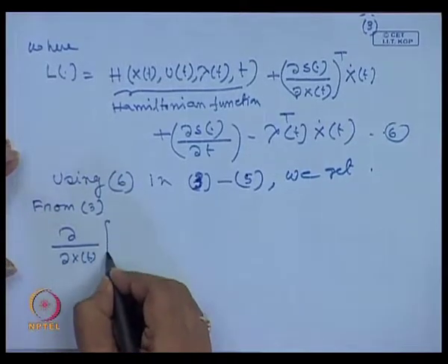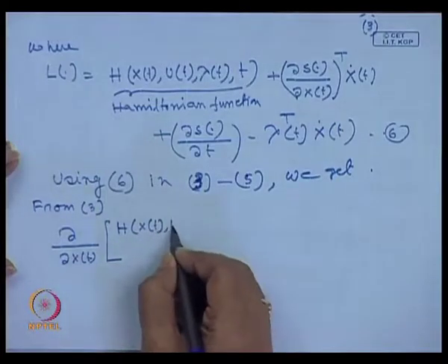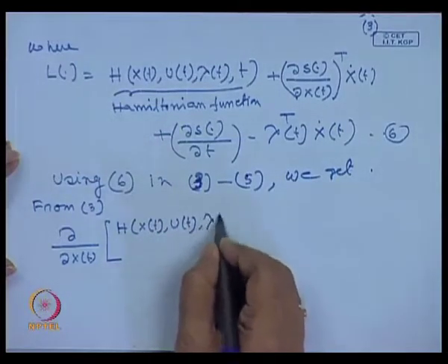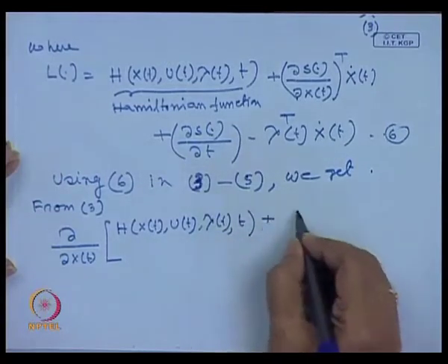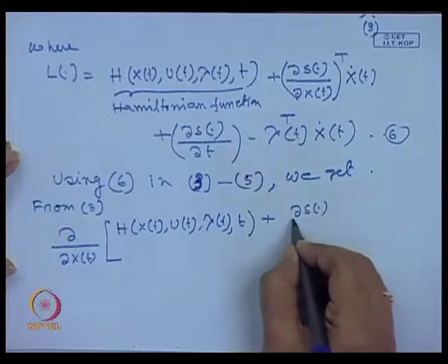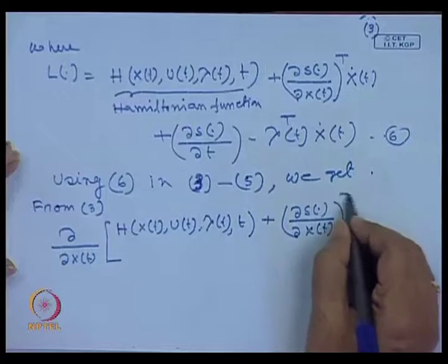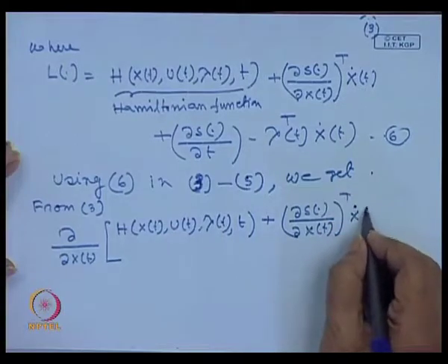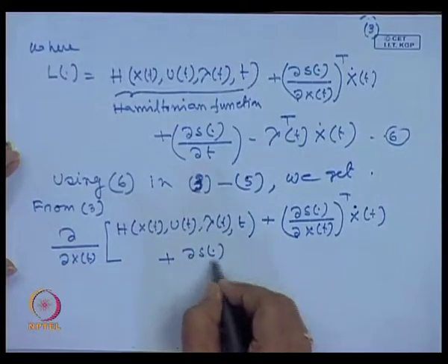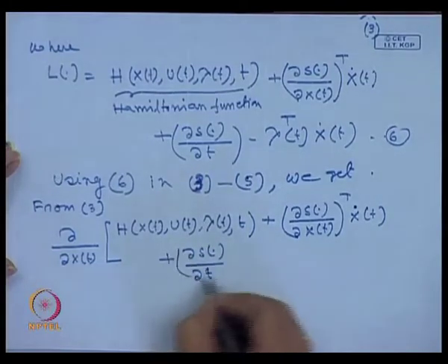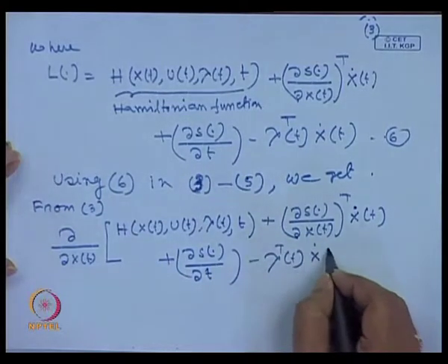In place of L, I will write it in terms of H: del H by del x of t, u of t, lambda of t, comma t, plus del S by del x of t whole transpose x dot of t, plus del S by del t, minus lambda transpose of t x dot of t.